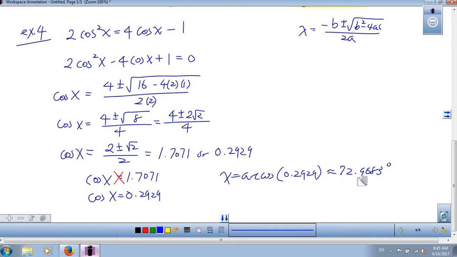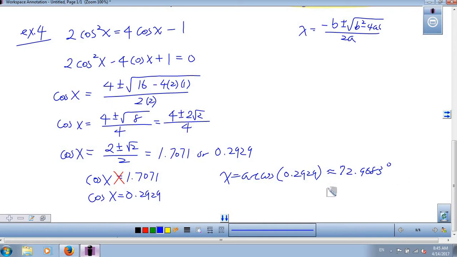But how do we go ahead and use this? Remember, arc cosine gives us one angle in the first quadrant, but there's another angle that will also have a cosine value of 0.2929, which is in the fourth quadrant. So how do we get that? We take this angle; the reference angle is 72 degrees, because it's in the first quadrant.